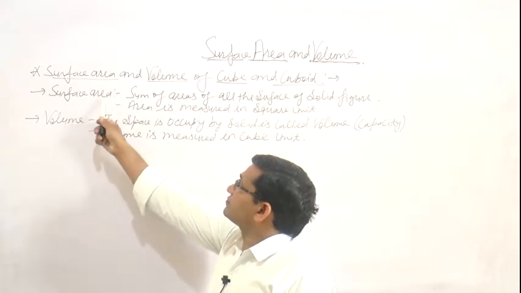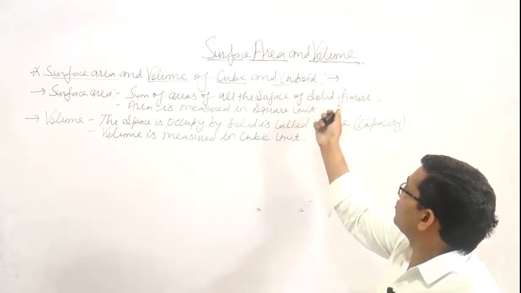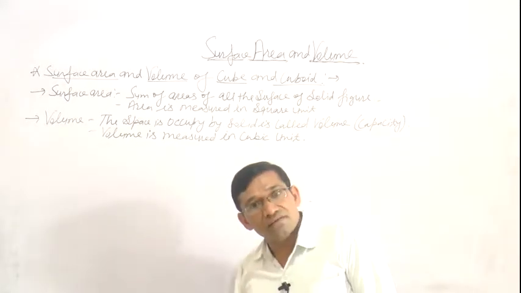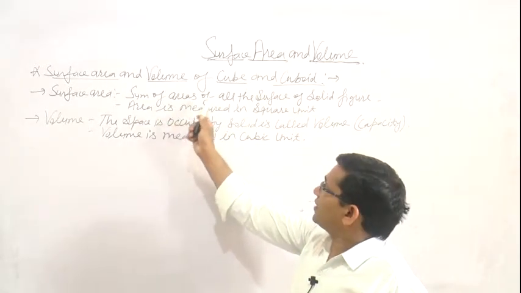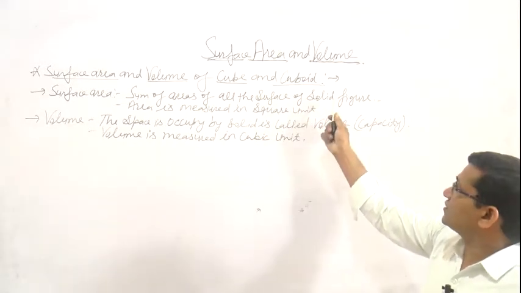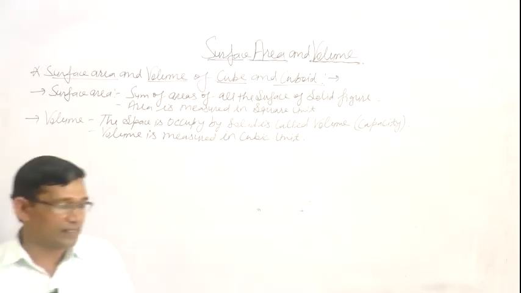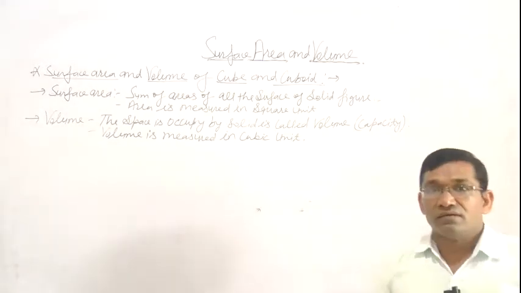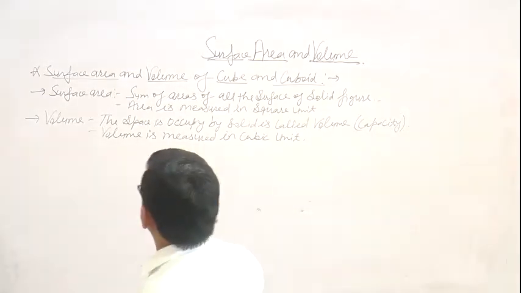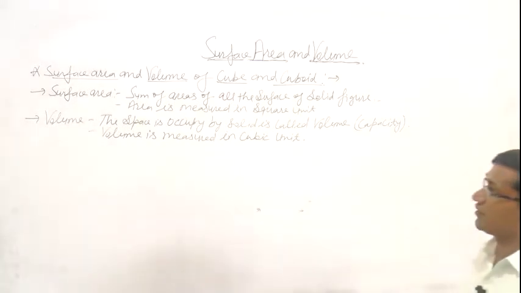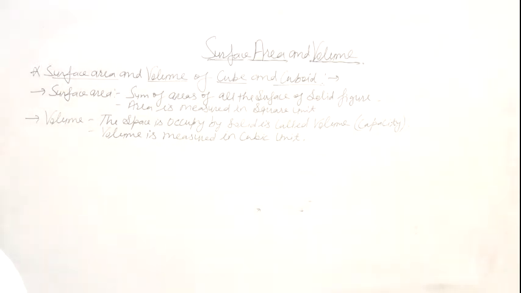Surface area is the sum of areas of all the surfaces of a solid figure. Suppose any solid figure, any solid figure may be cube, cuboid, cylinder, cone, these all are solid figures, may be sphere.